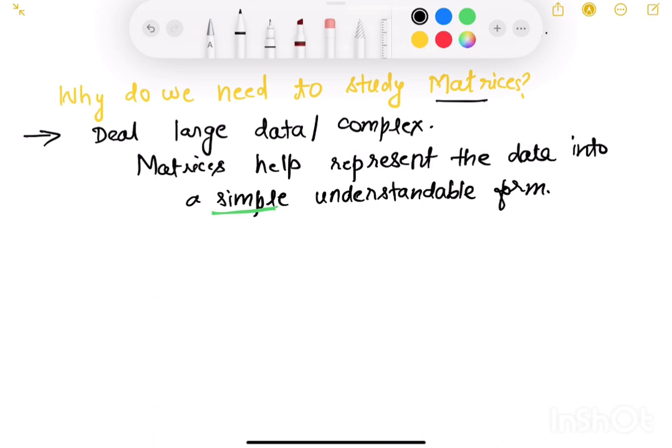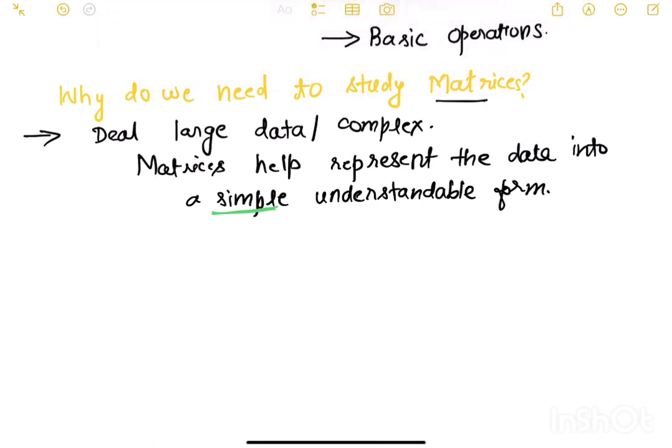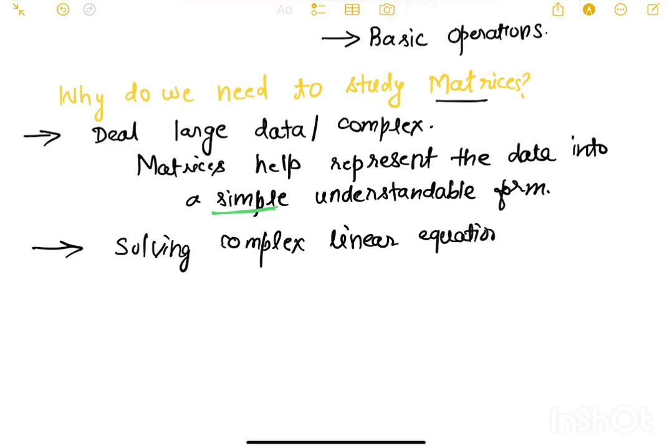Right? So this concept of matrix is not only used in simplifying the data, it is also used in solving complex linear equations. And along with that, it is also used in many fields, let it be business and economics.